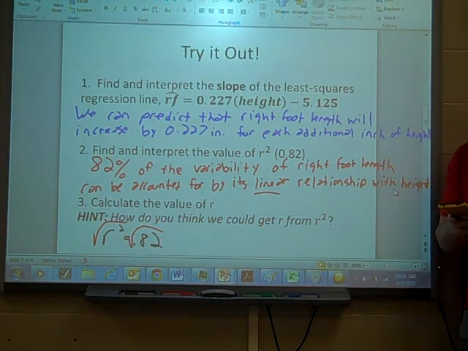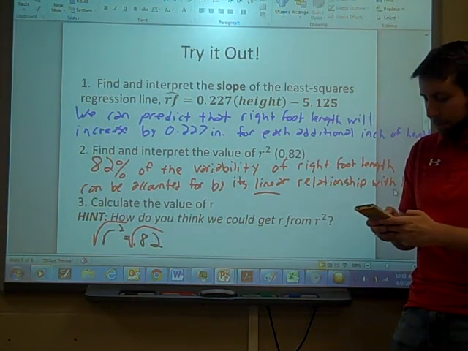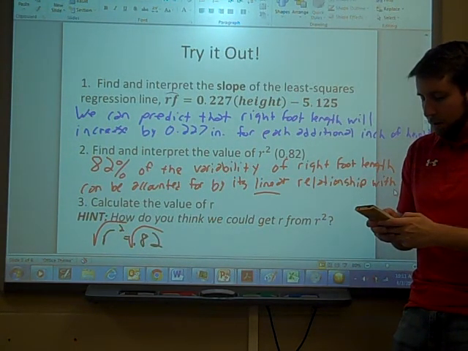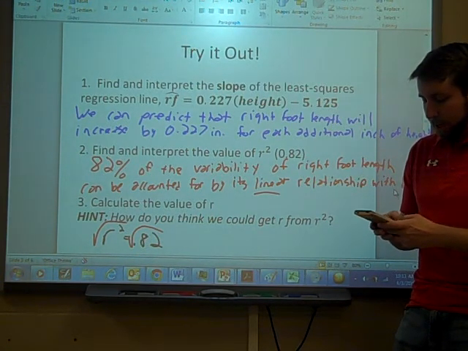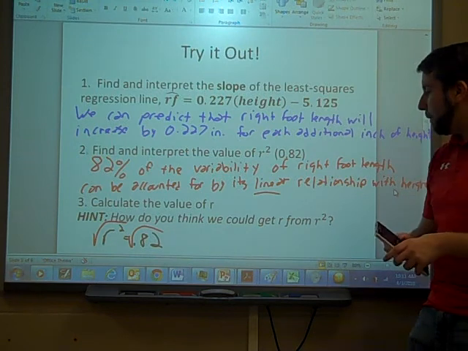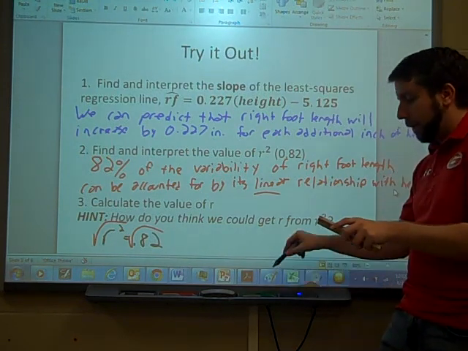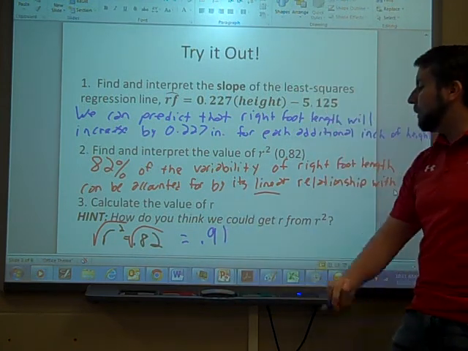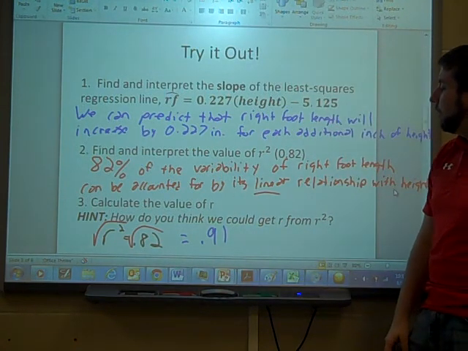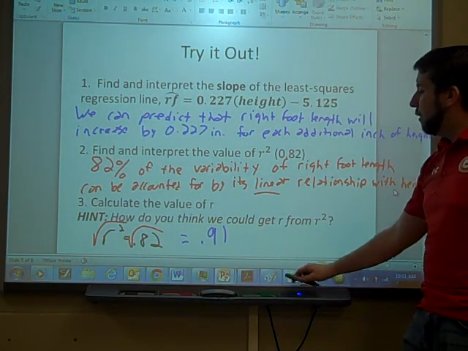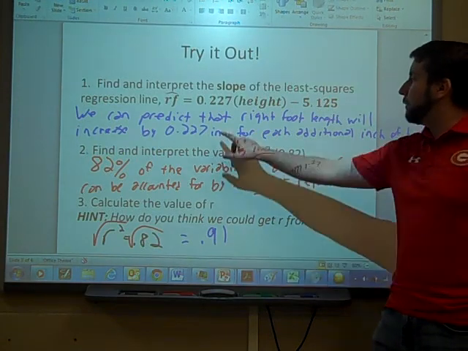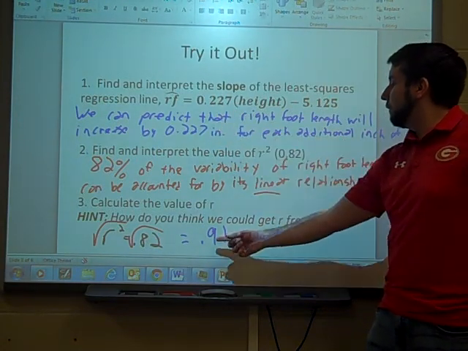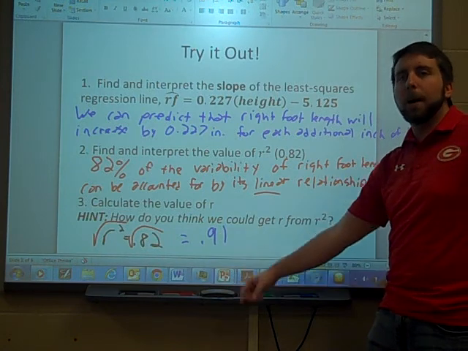Square root of 0.82, that's about 0.91, 0.9055, somewhere around that to 0.91. And that should make sense, right? There is a strong relationship. Now, we can see the relationship's positive, right? Because the slope's positive. So we'll keep this positive.